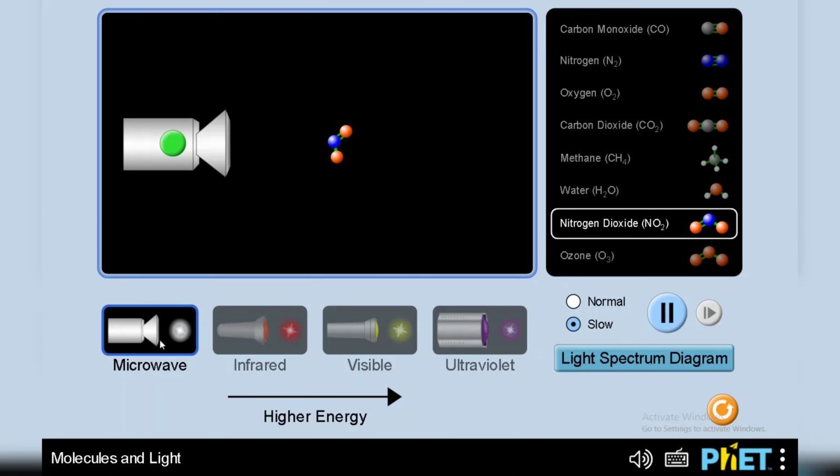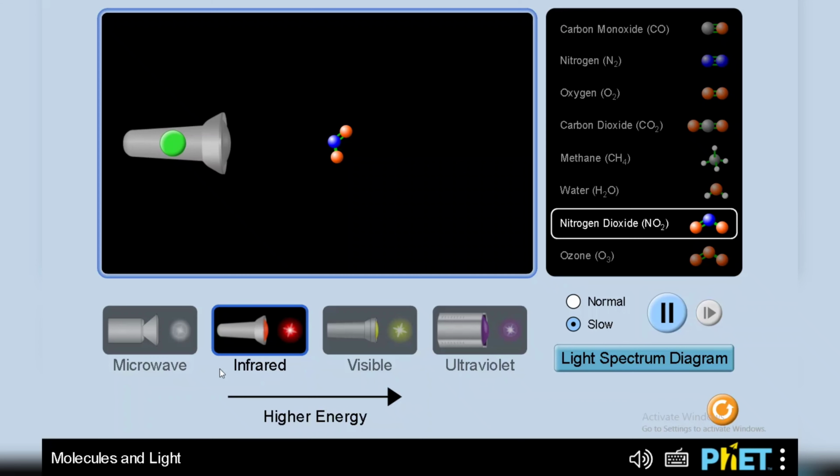Next is infrared rays. Mostly every object radiates infrared rays, which has wavelength in the range of 400 to 700 nanometers. Infrared waves are invisible to human eye. They are classified into near-infrared rays and far-infrared rays.